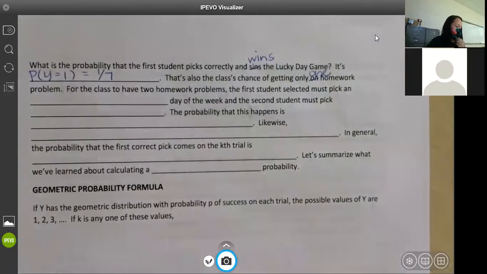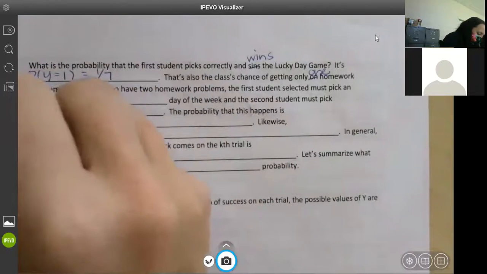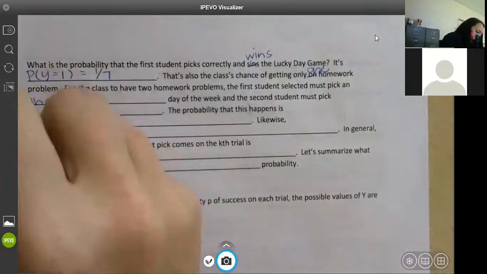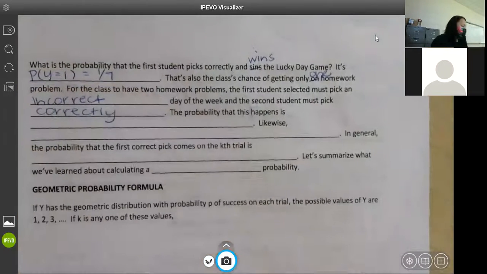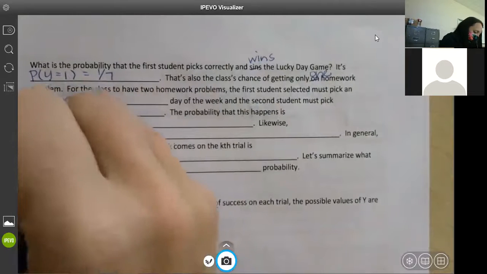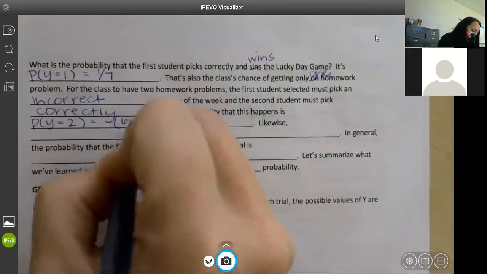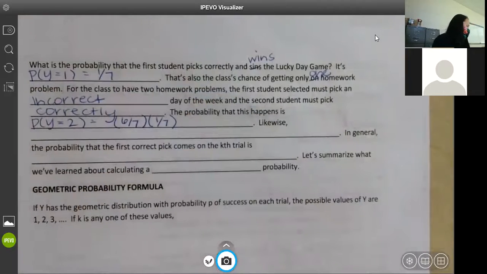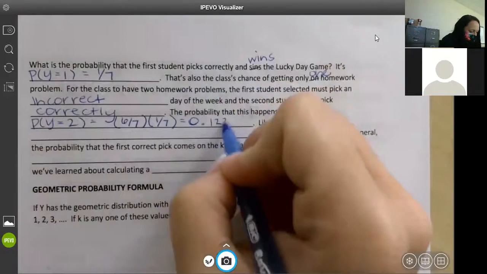For the class to have 2 homework problems, the first student selected must pick an incorrect day of the week and the second student must pick correctly. The probability that this happens is the probability that y equals 2. So 1/7 is your success. The first kid failed. The second kid was successful, which gives you a probability of 0.1224.